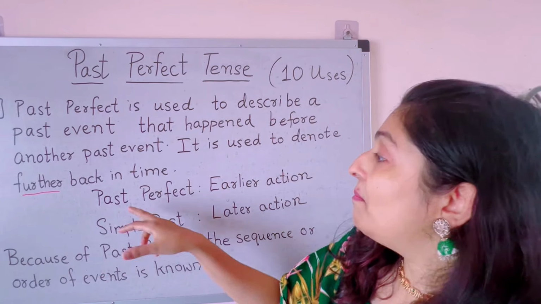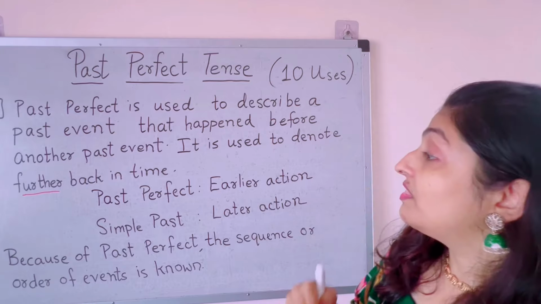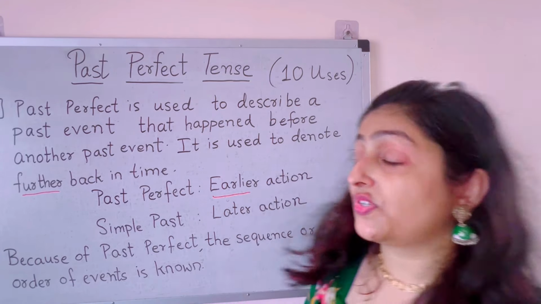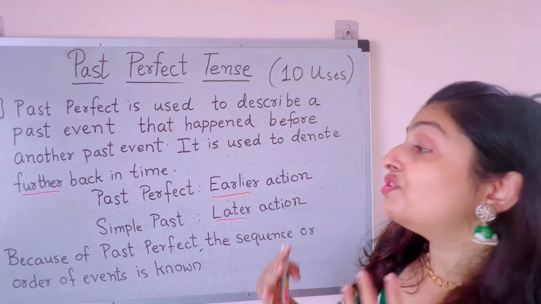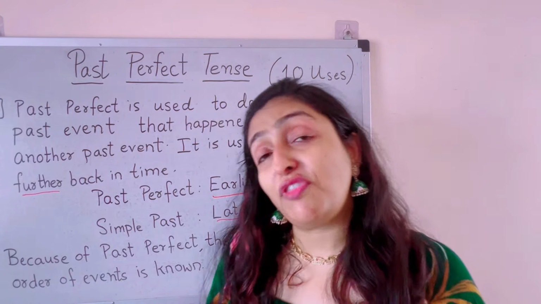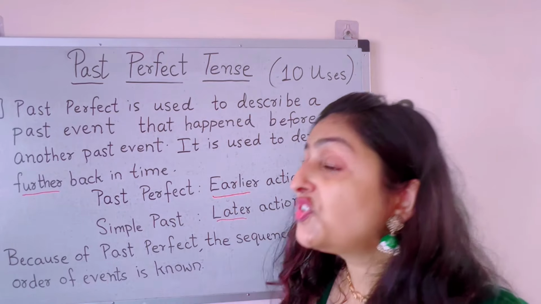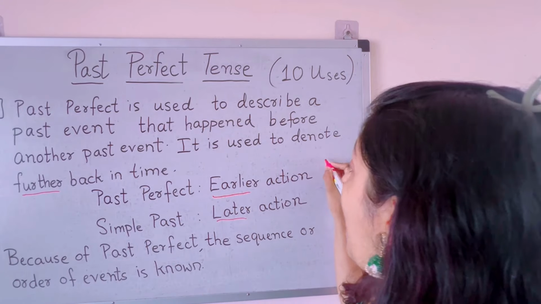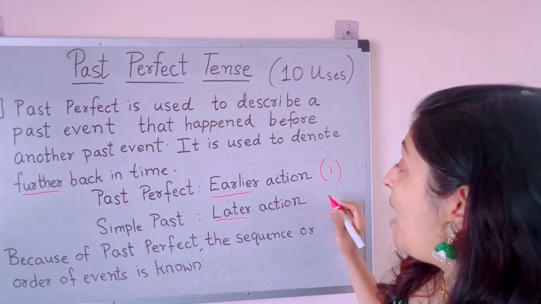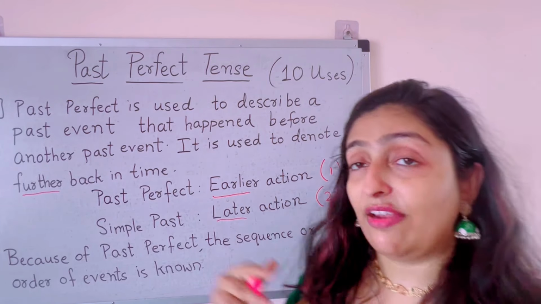Let's proceed. Past perfect is the earlier action and simple past is the later action, which means past perfect happens first and simple past happens second.